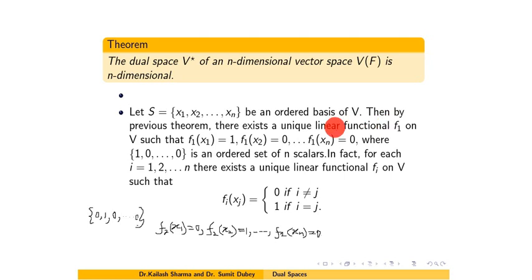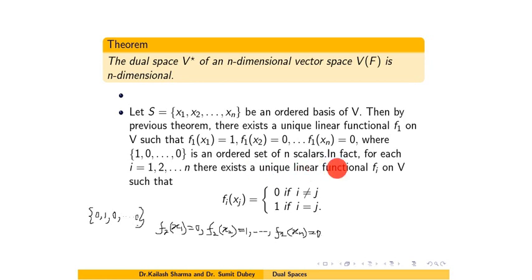Then, by previous theorem, there exists a unique linear functional f1 on V such that f1(x1) = 1, f1(x2) = 0, so on up to f1(xn) = 0, where (1, 0, so on up to 0) is an ordered set of n scalars.